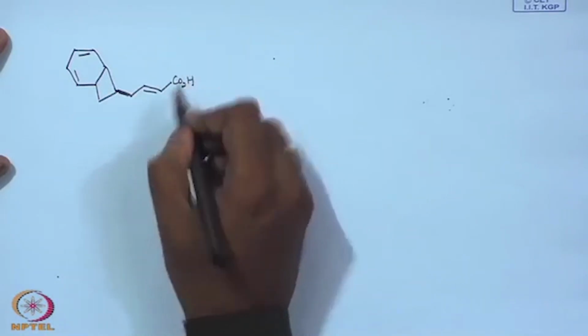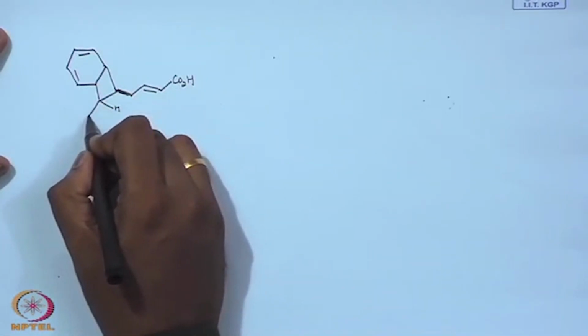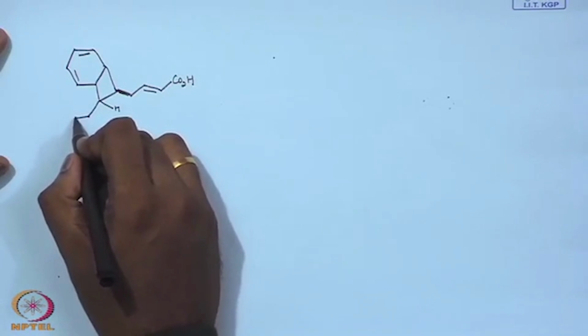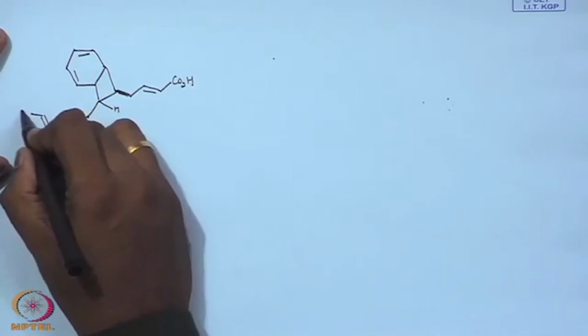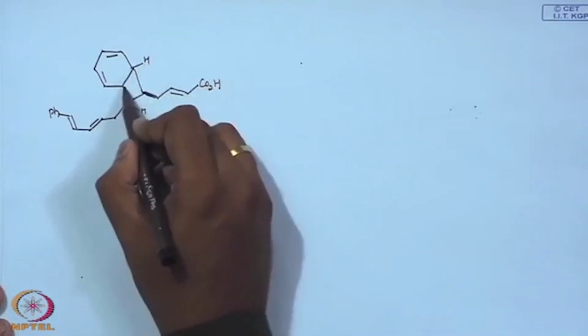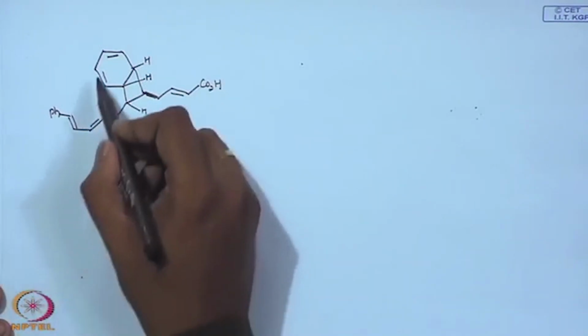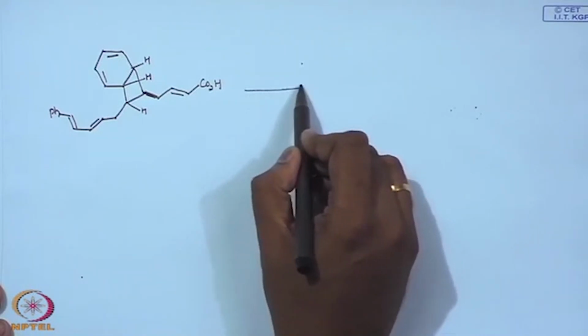In this case you have a carboxylic acid outside, you have nitrogen here, you have a phenyl here, and I have a nitrogen here, hydrogen here. So, whether this will undergo a Diels-Alder reaction?